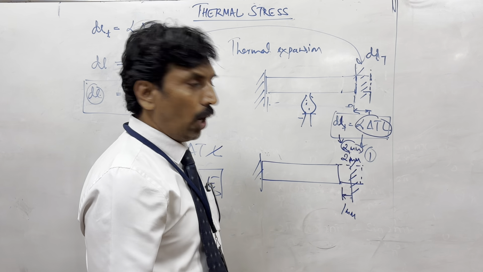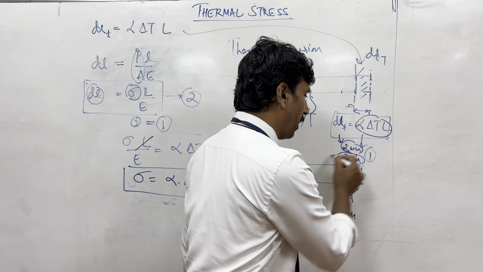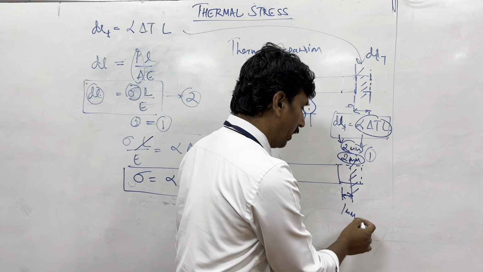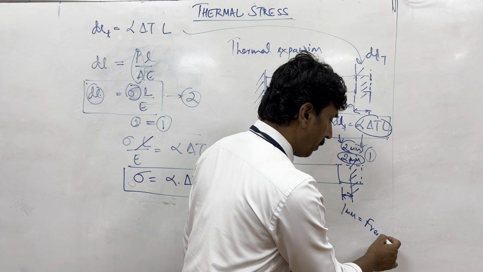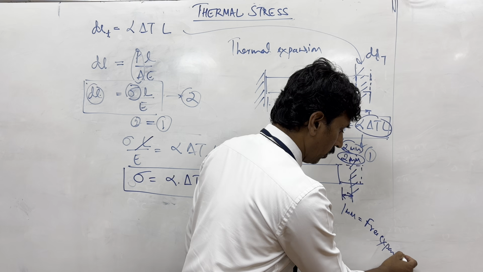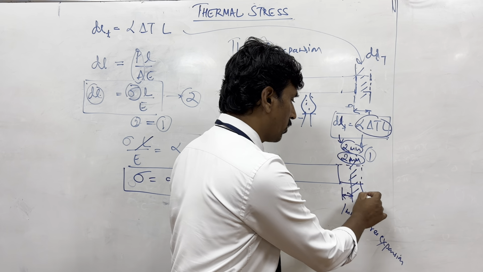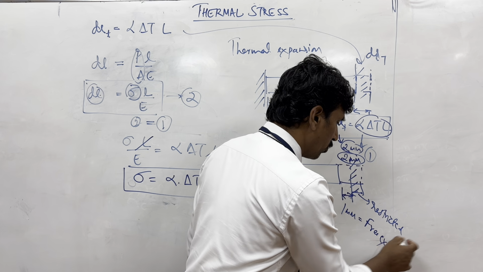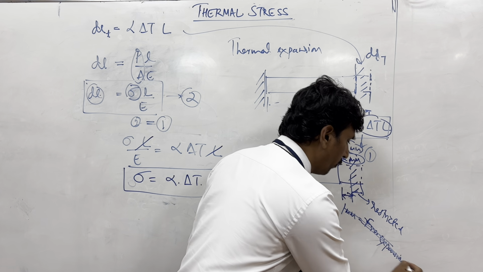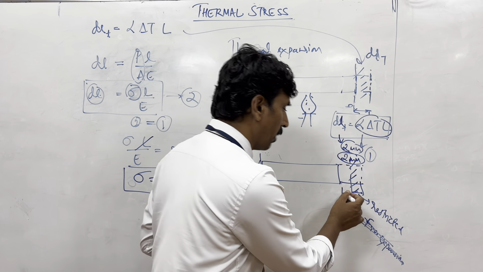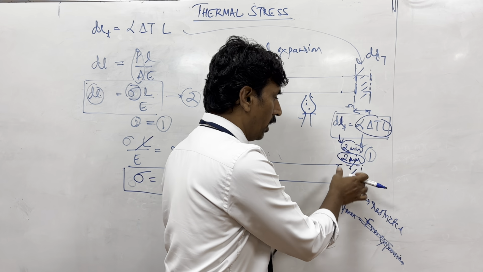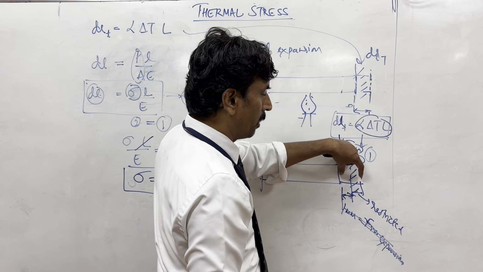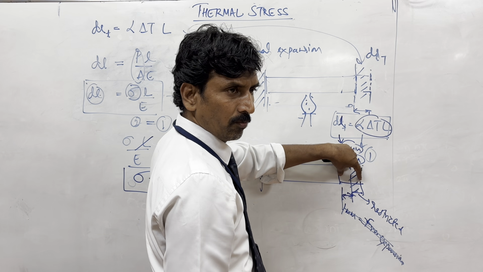So out of 2 mm of expansion, 1 mm we call free expansion, and this we call restricted expansion. Let us not worry about the word free expansion here, because people confuse. They would say that if it is allowed to expand, it will expand by 2 mm. That's called the free expansion.